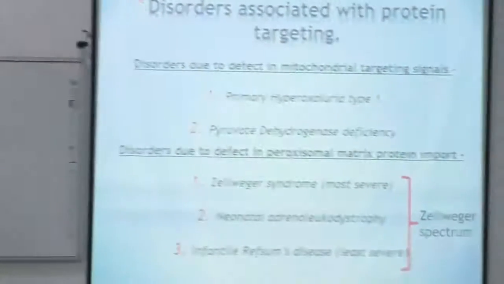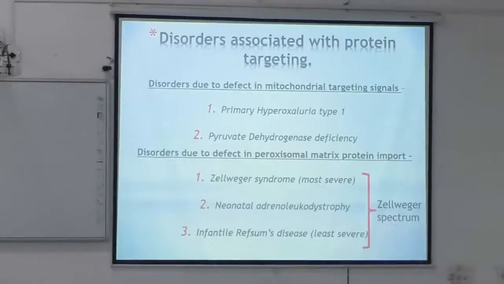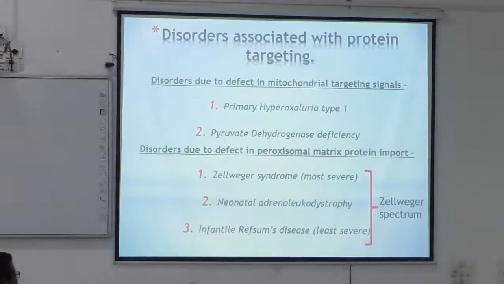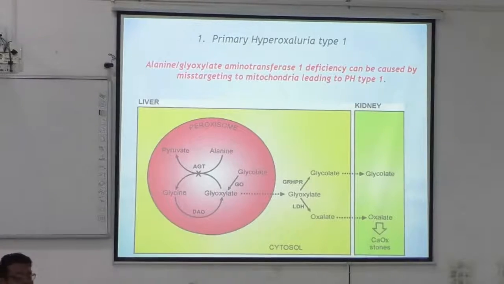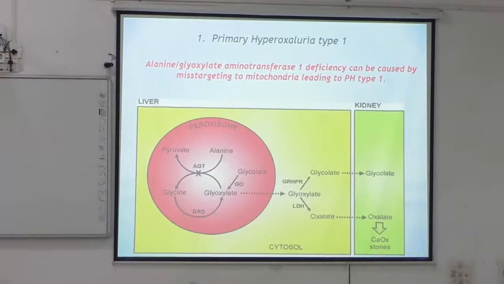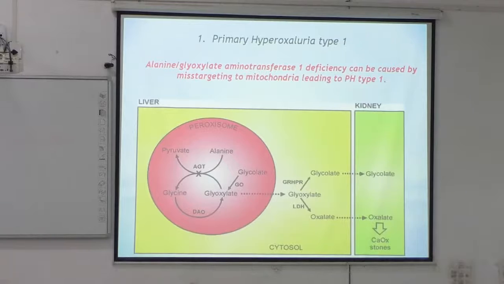The first, due to a defect in the mitochondrial targeting sequence, very important, primary hyperoxaluria type 1. Have you read about it? Now why is it happening? See, there is an enzyme called AGT, alanine glyoxylate aminotransferase type 1, that is generally peroxisomal by nature and is present in hepatocytes.